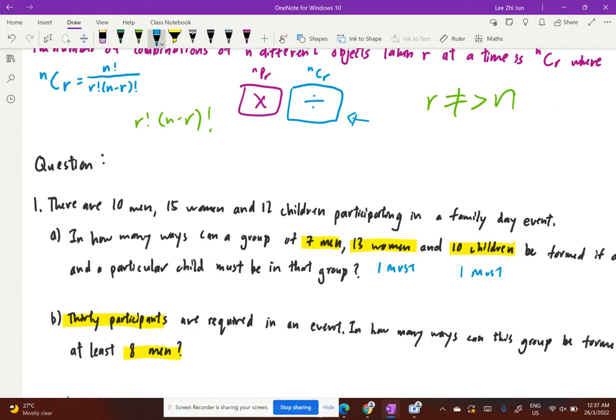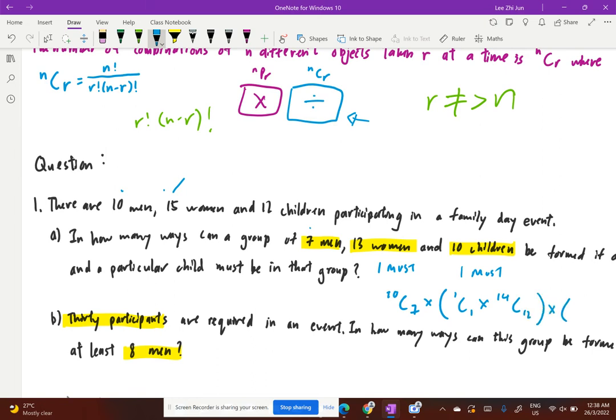So for this case, there are 10 men and we need 7, so 10C7 times, because one lady is a must, 1C1, and 15 women with one being a must, so 14 left. Of the 13, one place is given to the particular lady, so 12 left.